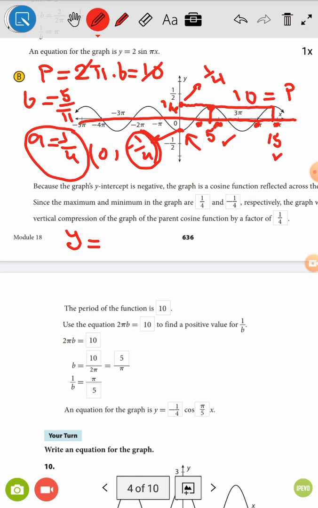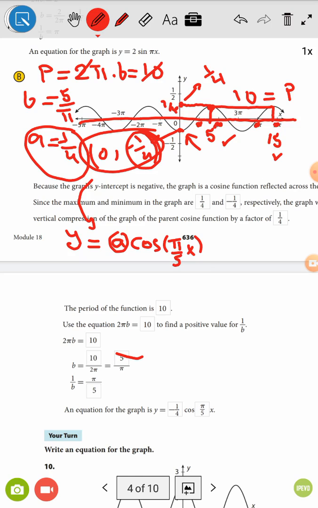And of course, if you are not sure about this, you can use the substitution way. I will show you how. Y equals A cosine. I got the B, 1 out of b x, so it is pi out of 5 x. And suppose you wanted to get the A. It's so easy to substitute this point here.